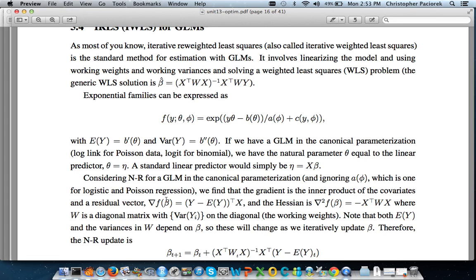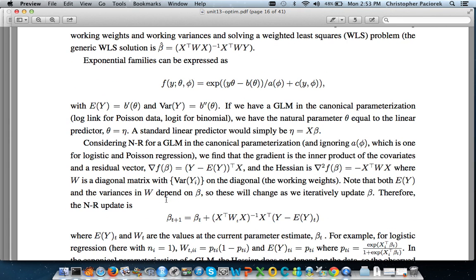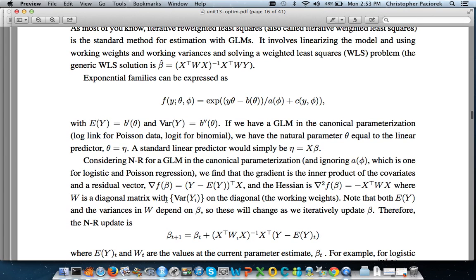So what you can do when you've written it like this is, if you plug in x beta for theta here, and you take a log to get to the log likelihood, and now you think about writing down what the gradient is with respect to beta and what the Hessian is with respect to beta, what you get is that the gradient looks like y minus E of y transpose times the x matrix, and the Hessian looks like minus x transpose W x, where the W's, as I said a minute ago, are a diagonal matrix with the variance of the y's on the diagonal.